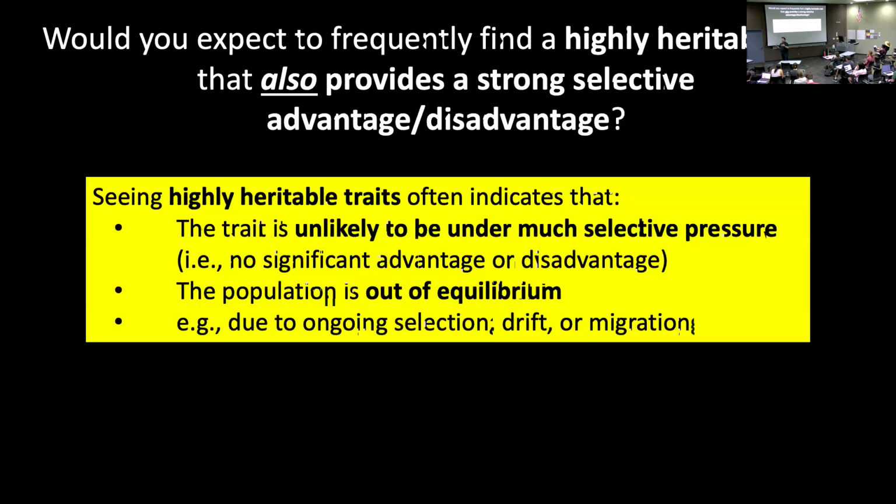Why is there this variation? But it could be phenotypic inertia, those other things we talked about a little while ago. They're kind of stuck in that population, and they just didn't go away because there's no selective advantage for that. So it's a highly heritable trait, but selection's not acting on it, and that's maintaining the variation.